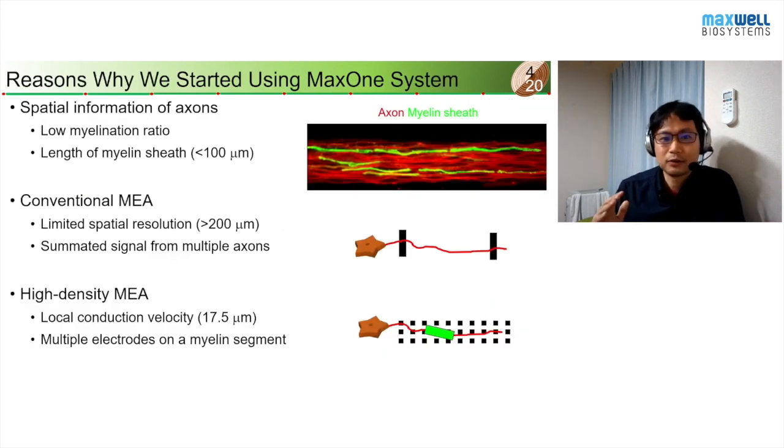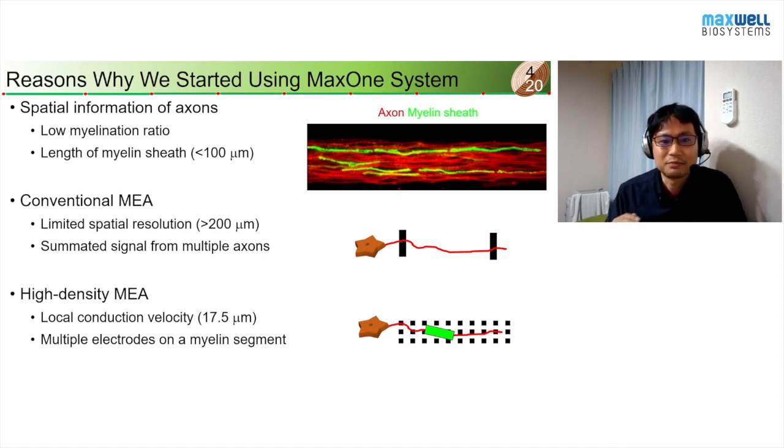The upper right photo shows axons and myelin sheaths in the microtunnels. Myelinated axons are very rare, and each myelin segment is less than 100 micrometers long. Assume that a conventional MEA is used for this sample.